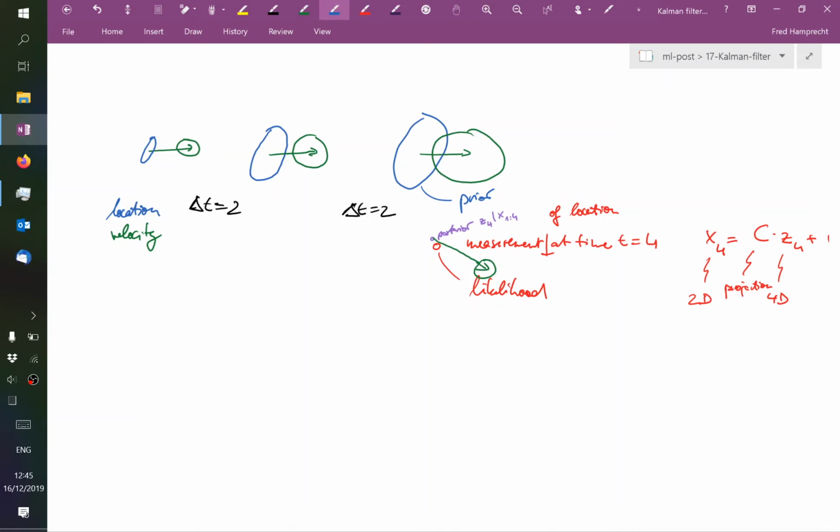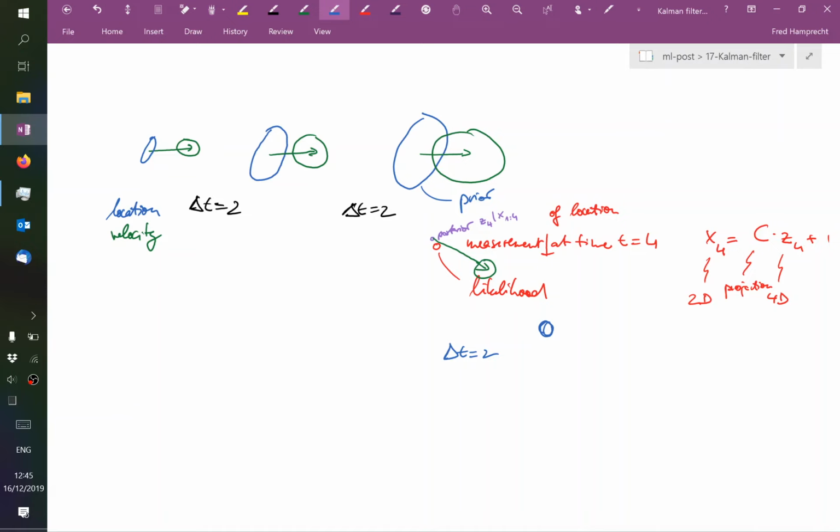All right, and given this information, I can now maybe wait another 2 time steps, let's say delta t equals 2, and get a new prediction for where I think I will be after another 2 time steps. And maybe I will then say that my location could be somewhere around here.